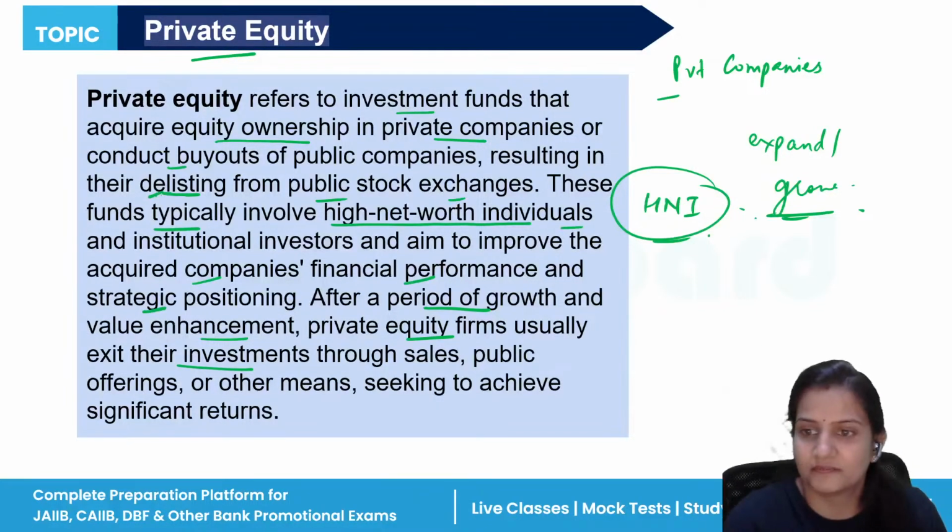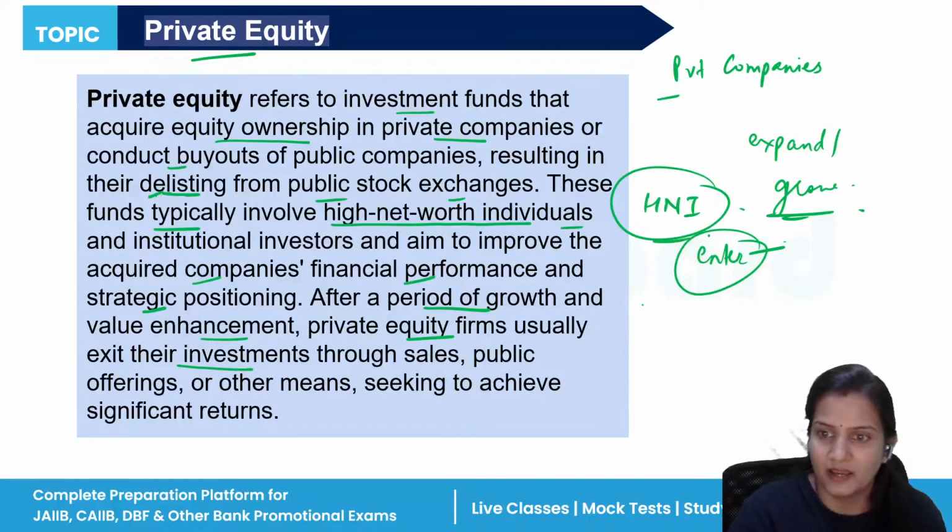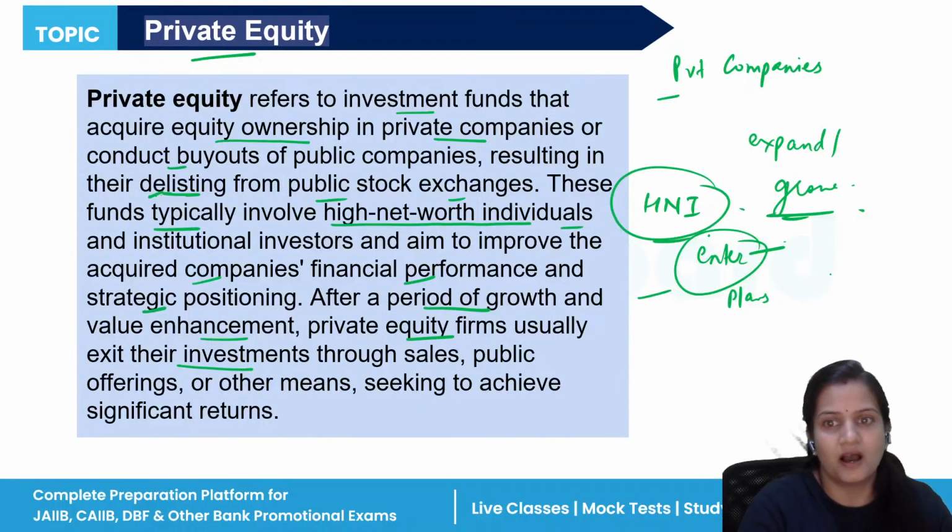First, they enter the company with the intention of earning a huge profit and taking ownership of that company. Then whatever further improvements are required, they will do that. They will tell them different strategies, different plans, how to expand the company and create goodwill for the company in the economy. So all the required improvements they will perform in that company.